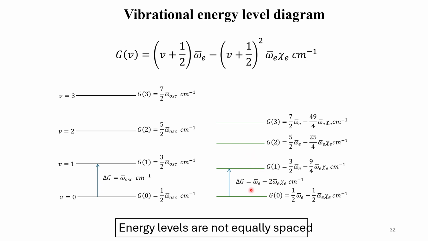So what will happen is that the energy levels in the anharmonic oscillator are not equally spaced. Therefore, the amount of energy required for the transition from one level to another will be different in this anharmonicity model.